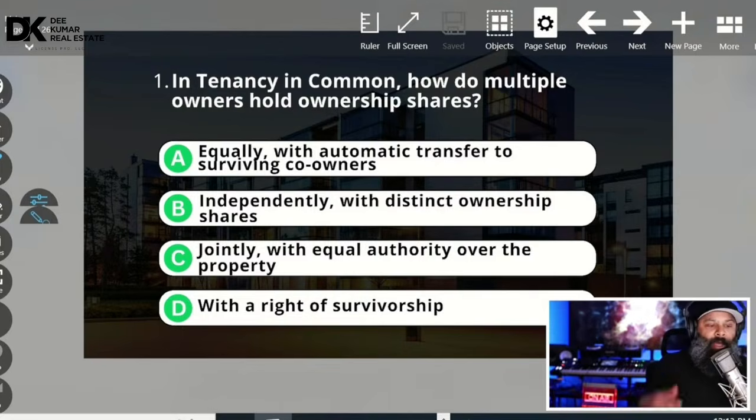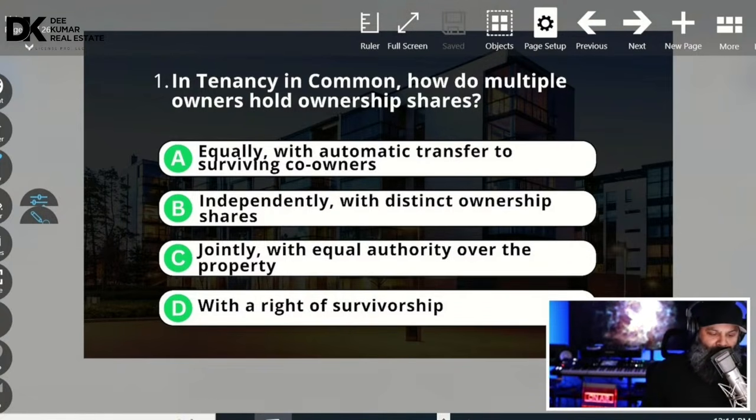Question number 1. In tenancy in common, how do multiple owners hold ownership shares? Letter A, equally with automatic transfer to surviving co-owners. Letter B, independently with distinct ownership shares.